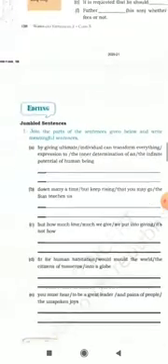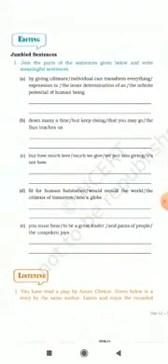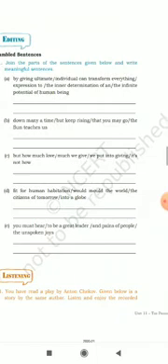Then we have the next very important exercise, that is the sentence reordering or jumbled sentences. Join the parts of the sentences given below and write meaningful sentences. So, dear children, this question almost comes every year in class 10th board examinations.